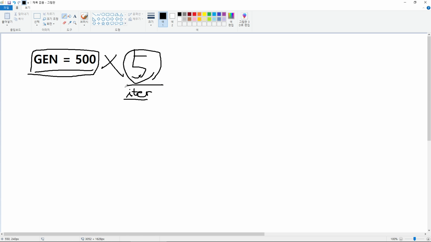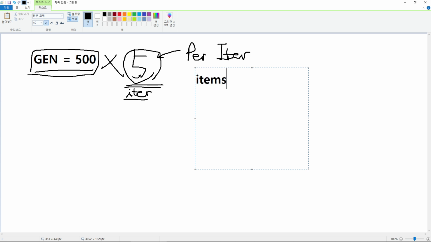Now per iteration, the items will be generated from item 1 to item n, and the corresponding utility values, utility value 1 all the way to n, and constraint values all the way to n.